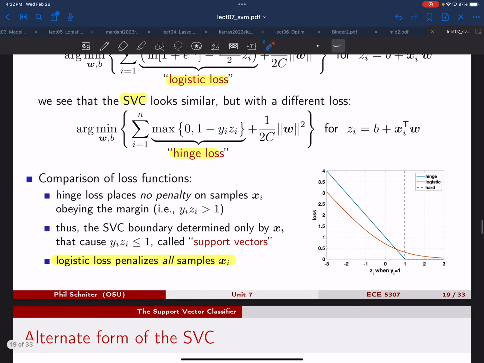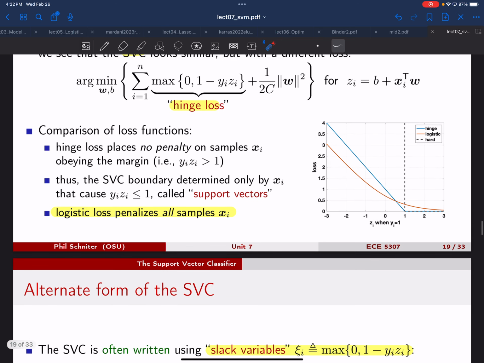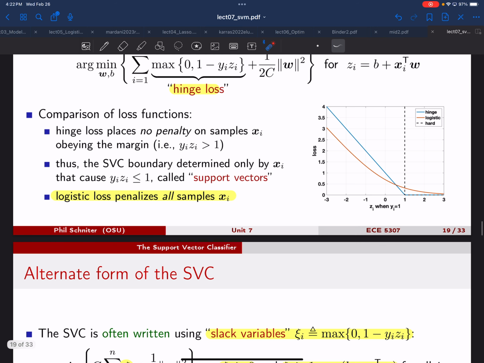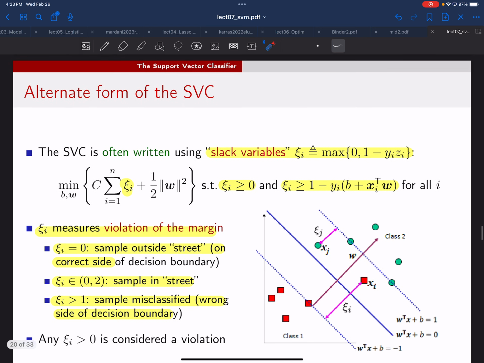And then the other thing you need to do is change the constraints, because to handle this max, this puts two different constraints on xi. Number one, xi must be greater than 0, and it also must be greater than this term here. So basically, this gives you a new formulation of the SVC that you can solve using a constrained optimization technique.